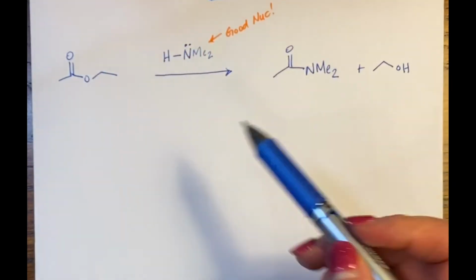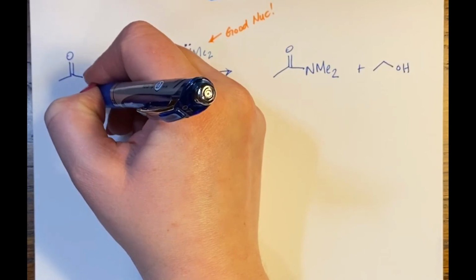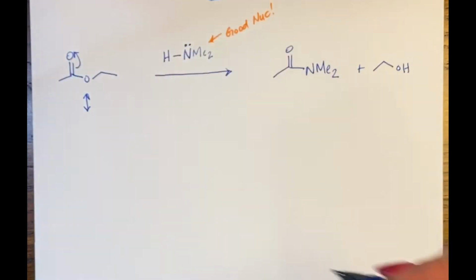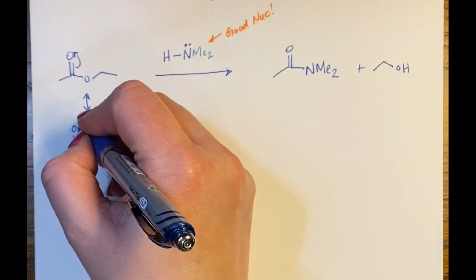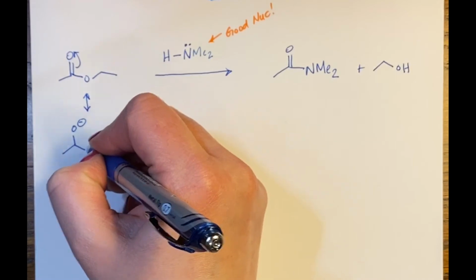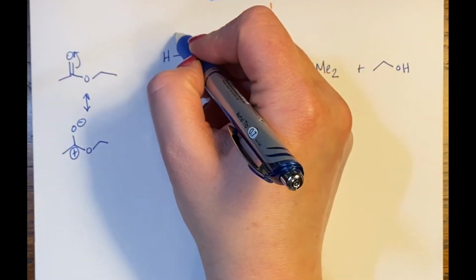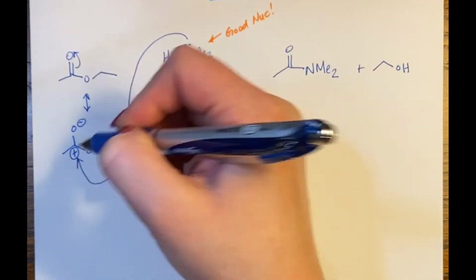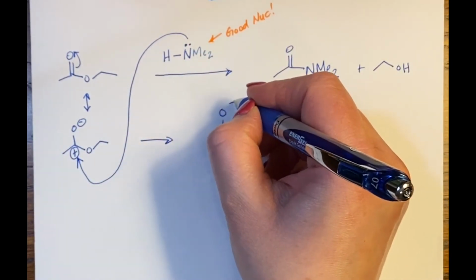And so the amine can attack the ester in this format, but as always, we could also look at the resonance that we have on that initial carbonyl structure. So where those electrons get pulled up to the oxygen, and that gives me this structure here. Now this is the structure that can be attacked by the amine, and that gives us our tetrahedral intermediate.